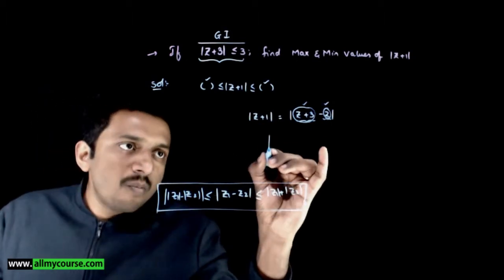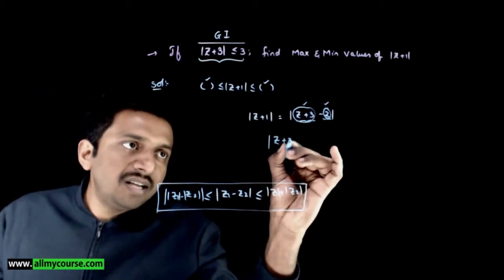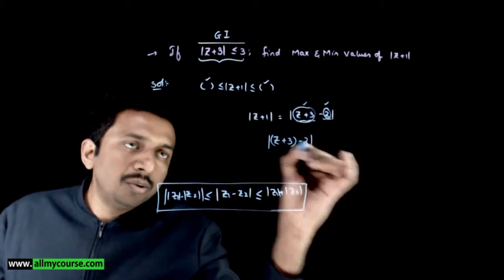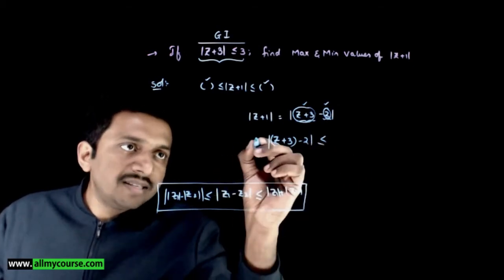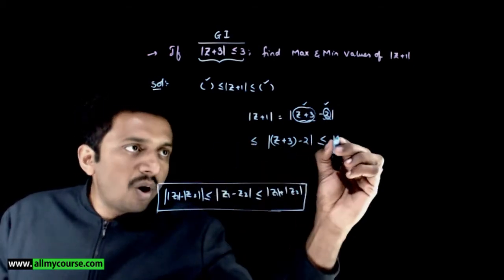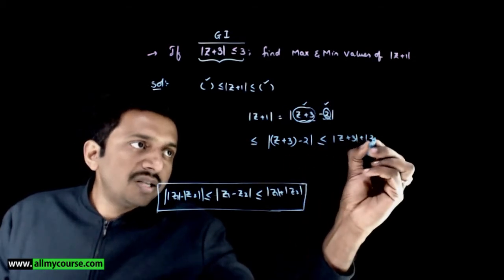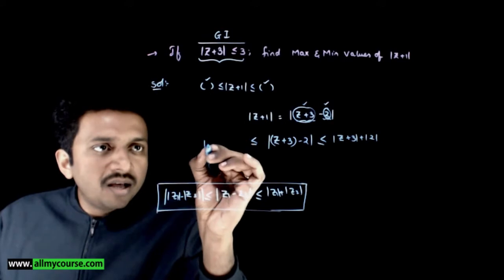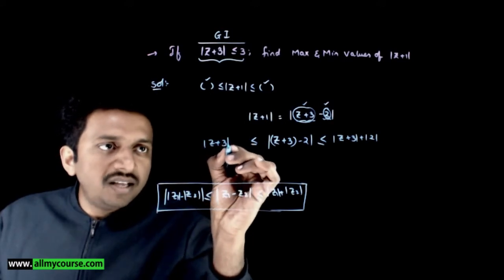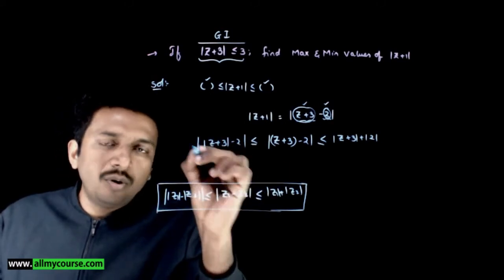So now mod of z plus 3 minus 2 will always lie between mod of z plus 3 plus modulus of 2 and mod of mod of z plus 3 minus 2.